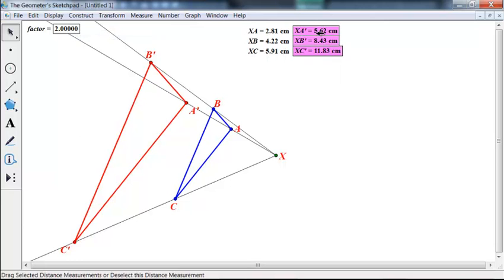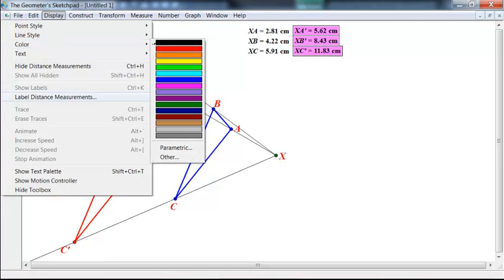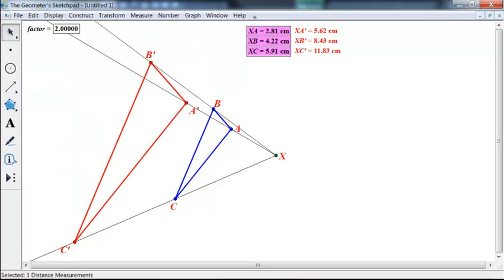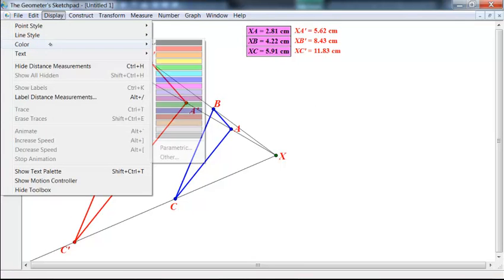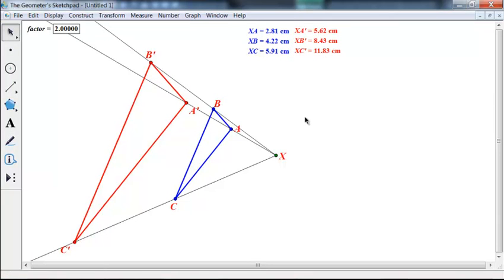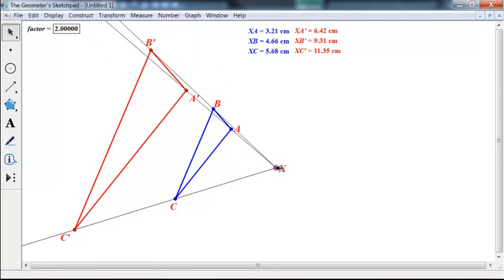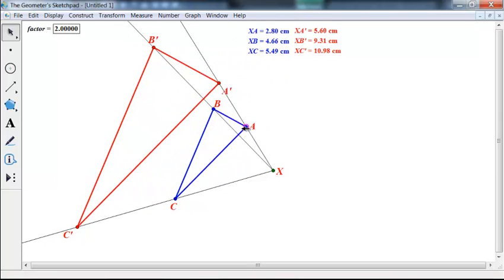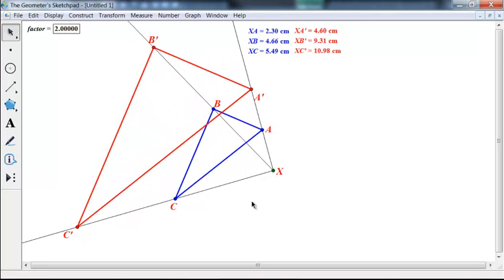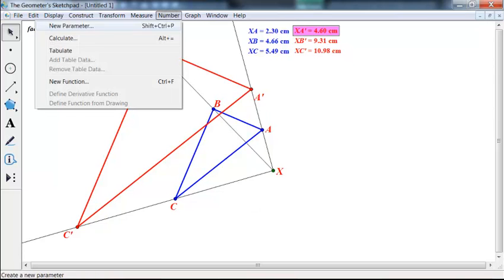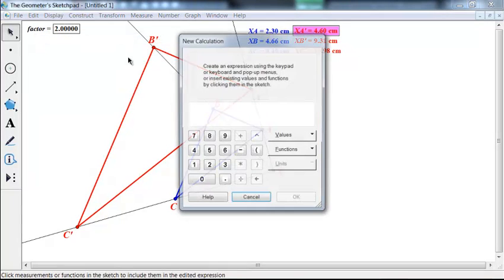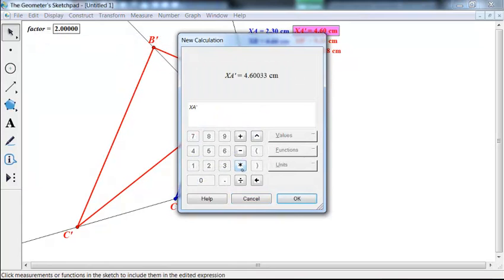So these are all distances from the center to the red image, and these are all distances from the center to the pre-image. What do you notice about these? What happens if I take this and divide it by this one?